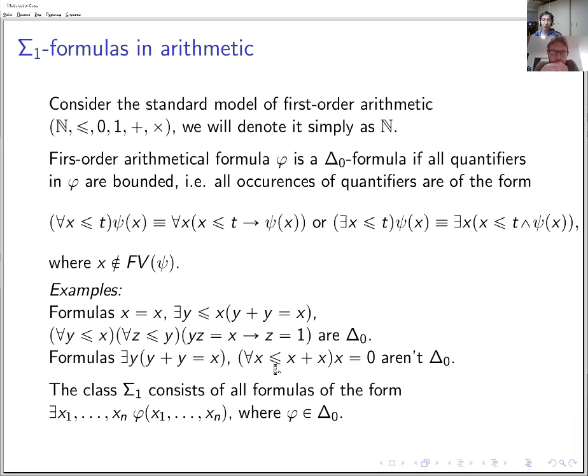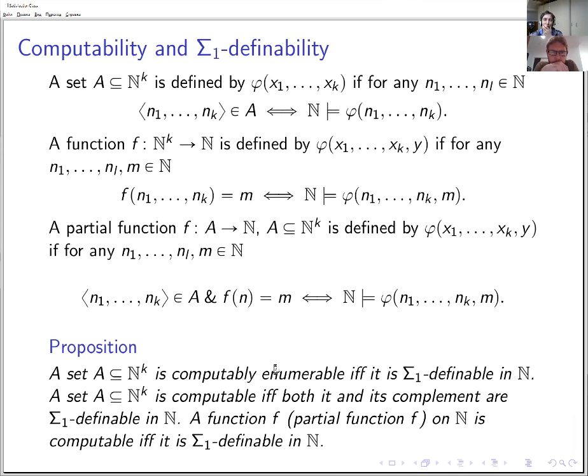And sigma 1 consists of all formulas of the form exists something and then delta 0. Now there is this connection between computability and sigma 1 definability. We say that a set of k-tuples of naturals is definable by a formula with k free variables if it's defined in the standard model of arithmetic.